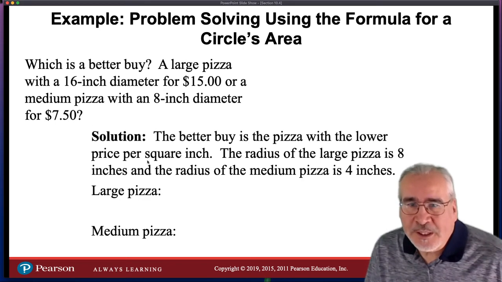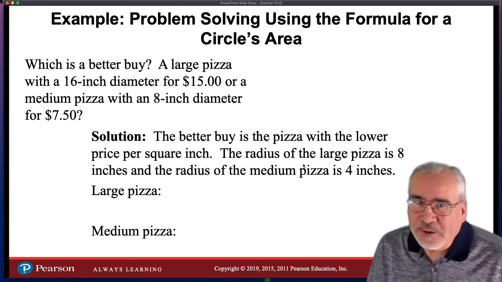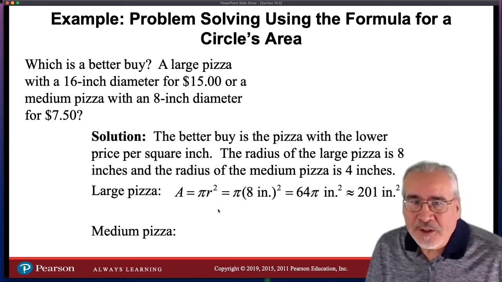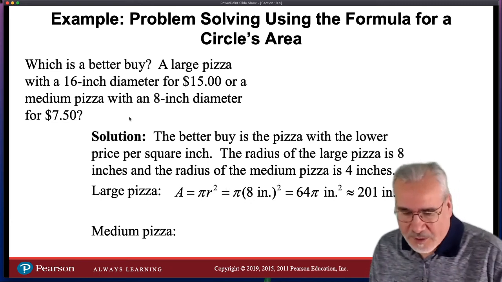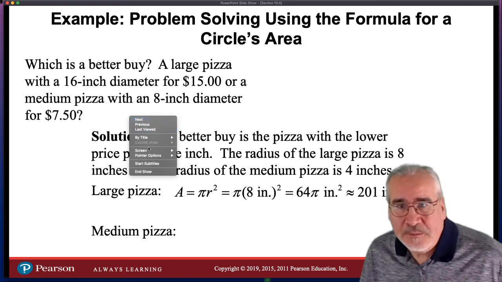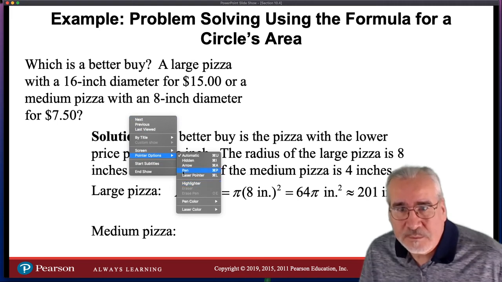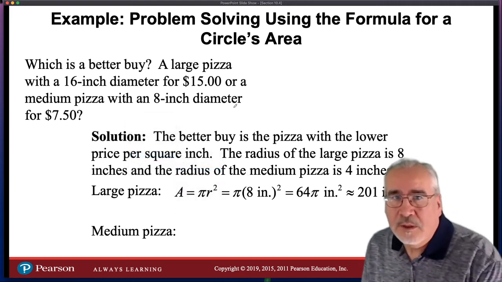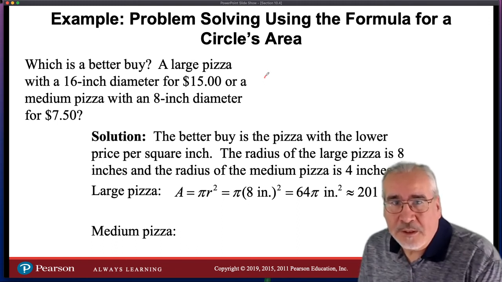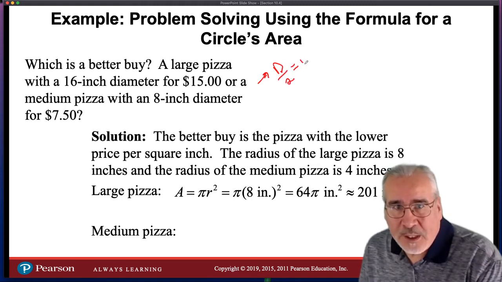But what we're going to see is that's not quite right, because the area of the larger pizza uses the radius, which would be half of the 16, right? So pi r squared, and we put in 8. Okay, so what we had to do here is take the diameter divided by 2 to give us the radius.